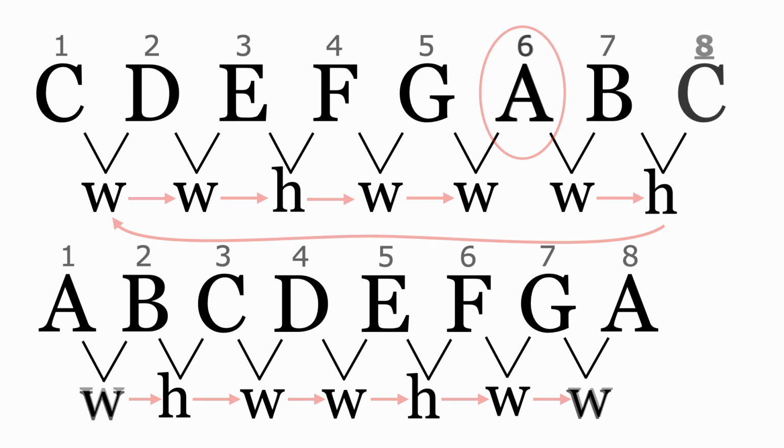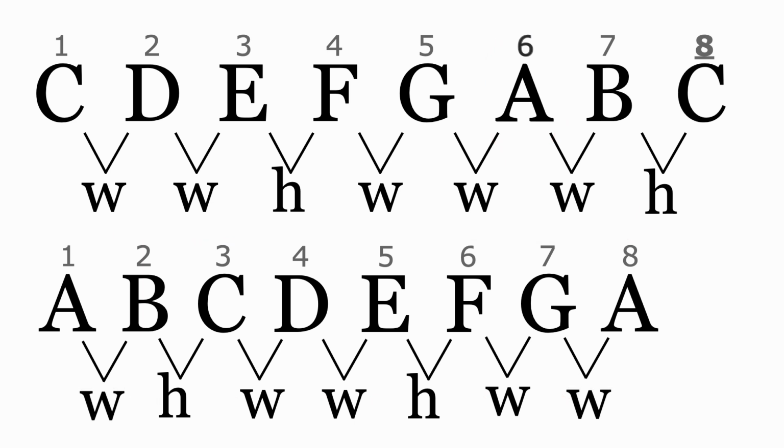Now, I want to clean this up just a little bit. And as we're looking at these two modes, at the top is the major, right? The major scale, C major in this case, which is the Ionian mode. And at the bottom is the A minor scale, or the Aeolian mode.